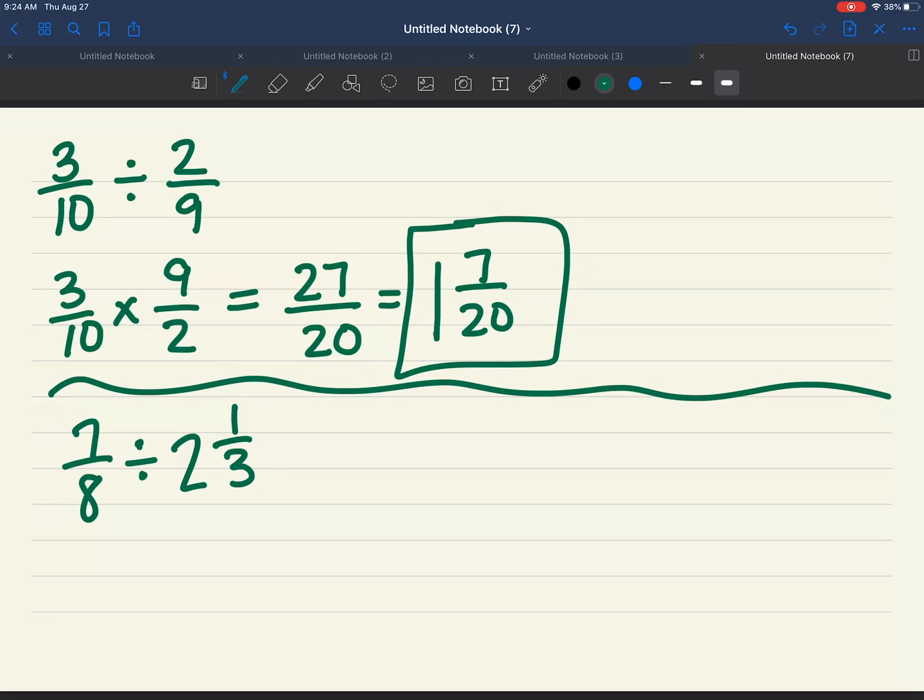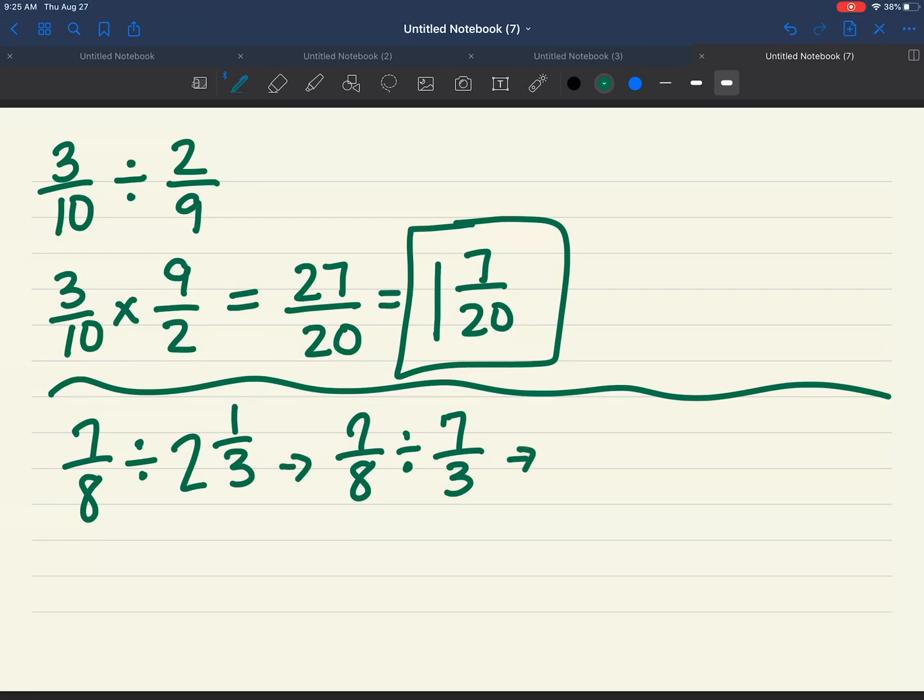Taylor, you want to try this one? Yes. Okay, go for it. First, tell me what I would need to do first here. Can I keep change flip yet? No. No, because before I keep change flip, you have to do what? Turn the mixed fraction into an improper. Good. Okay, so that would be what? 7/3. Perfect. Okay, now you can keep change flip.